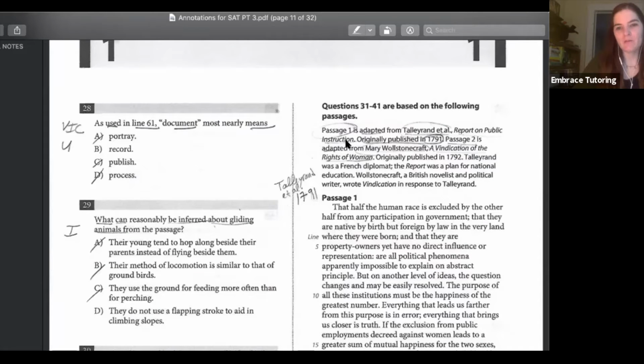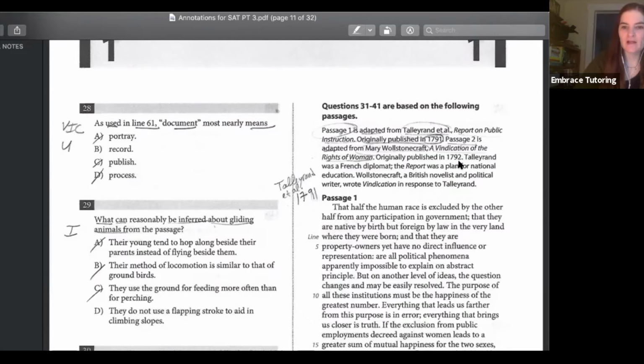So with the first passage, it's adapted from Talleyrand et al., which is the report. The title of the piece was Report on Public Instruction, which was published in 1791 originally. And passage 2 was the one that was adapted from Mary Wollstonecraft's Vindication of the Rights of Women, which was published in 1792.